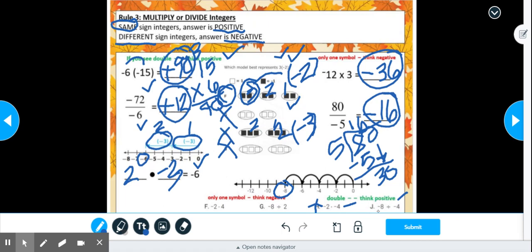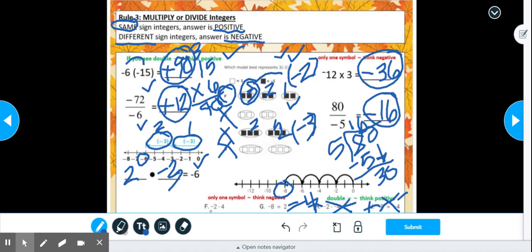Double negatives, negative divided by negative, is going to be positive. So if we're looking at these two, we could actually cross those out right away because they don't even make sense for this model. So now we need to look and see what is our grouping. Do we have 8 divided into 2 groups, which would be -4?